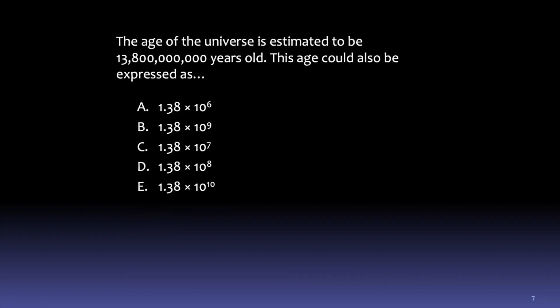Okay, so here is a question. The age of the universe is estimated to be 13,800,000,000 years old. Of course, some of you are pretty smart and understand that this is basically 13.8 billion.